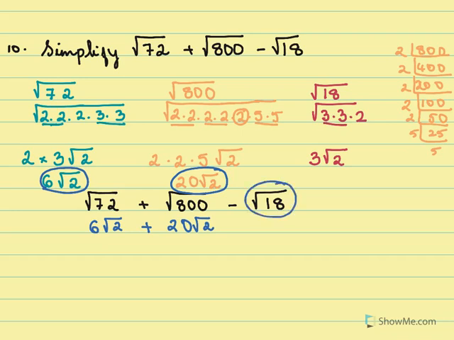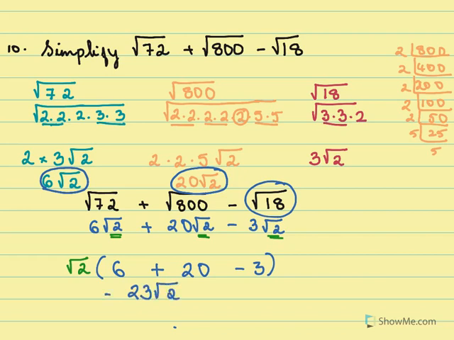And for 18 we found 3 under root 2. So here we can take under root 2 common out. What remains inside is 6 plus 20 minus 3, which would be 23. So the answer will be 23 under root 2.